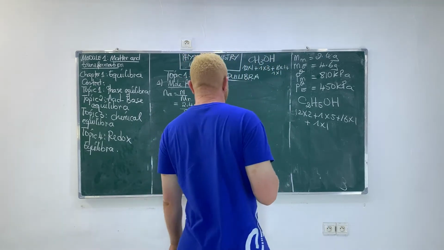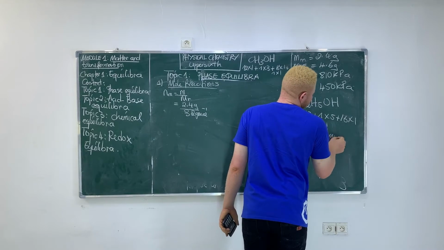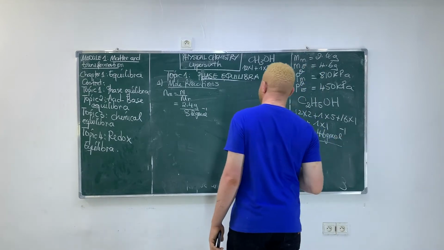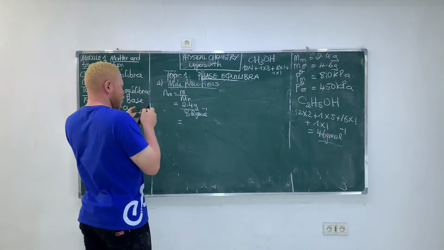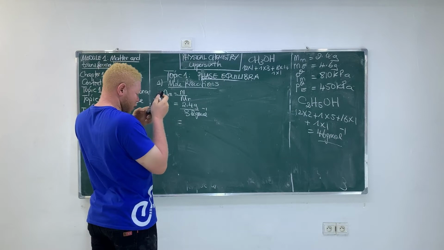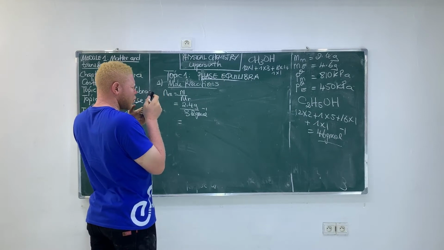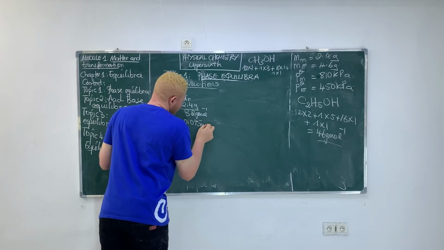So for ethanol it will be 46 gram per mole. So I have to punch here: 2.4 divided by 32. I have 0.075 moles.